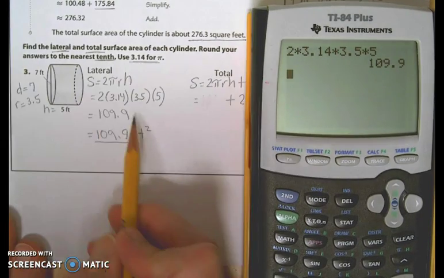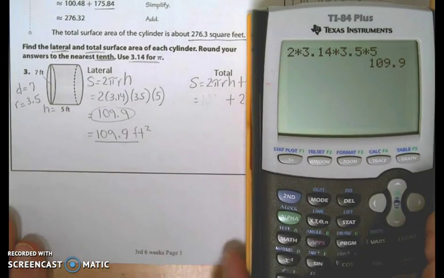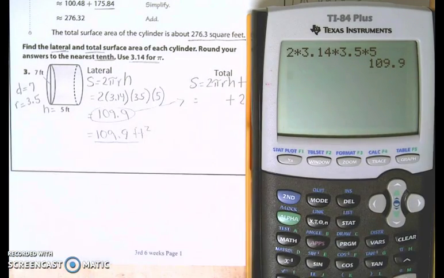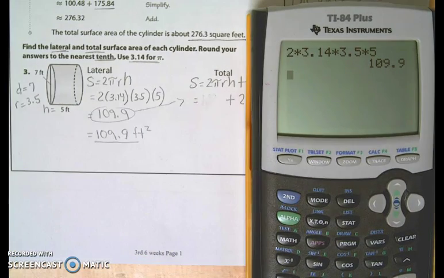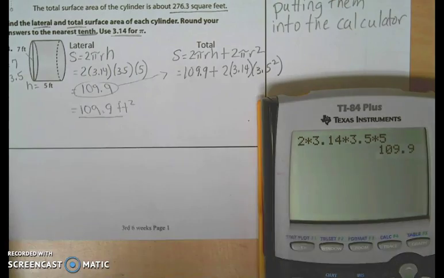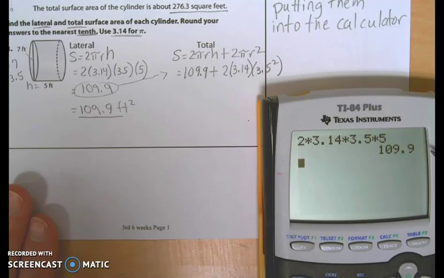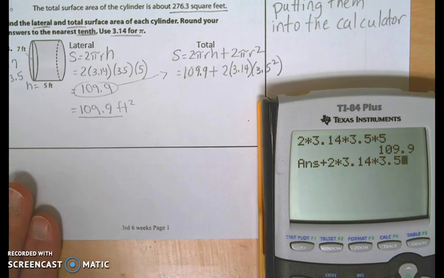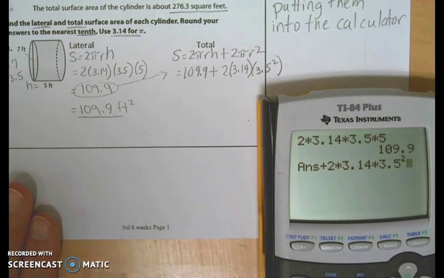Since this is already in the calculator, I'm just going to place it into the total surface area formula. Since my 109 9/10 is already there, all I'm going to do is type in the second piece of the formula. So I'm going to type in plus 2 times 3.14 times 3.5, and I'm going to use the x squared key and press enter.